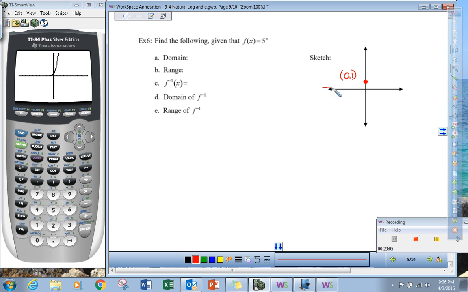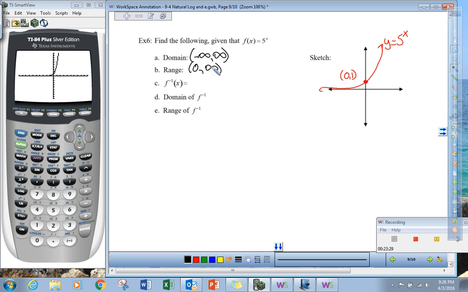So here's the graph of y equals 5 to the x. Let's talk about the domain and range of that real fast. The domain of it, negative infinity to infinity. The range of it, 0 to infinity. Notice I did not include 0.